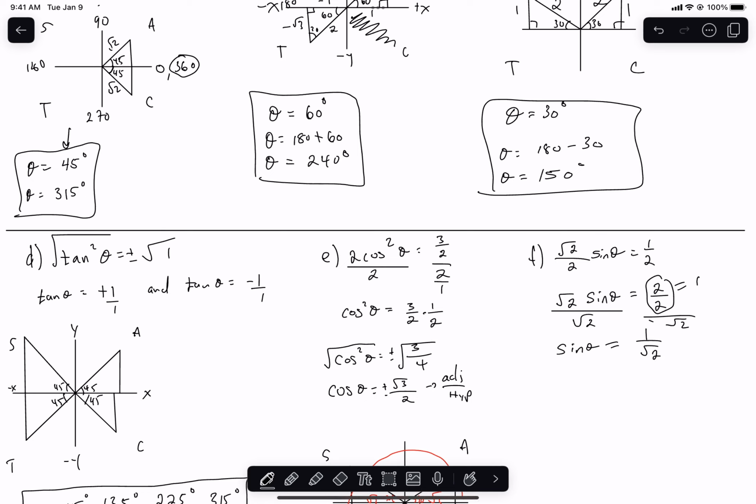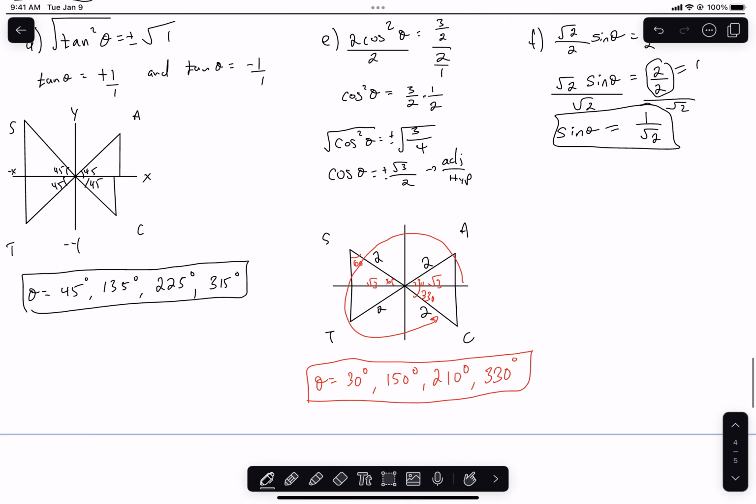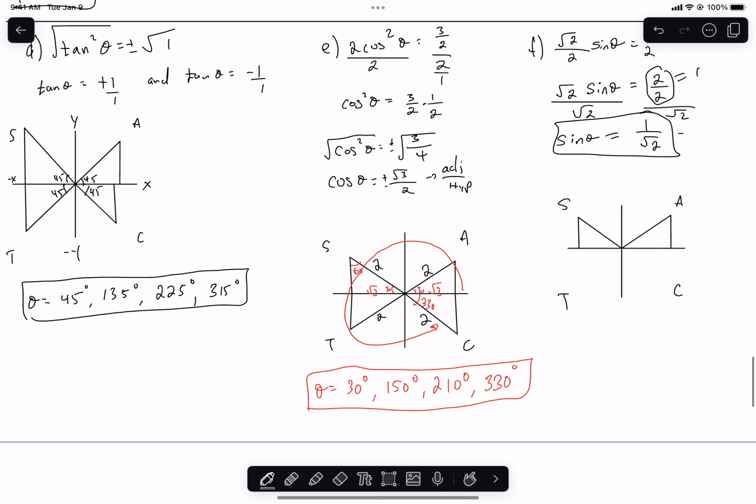And so I'm looking for where sine theta is positive, right? So sine is positive in 2 quadrants, the S quadrant and the A quadrant. So I'm going to get here, sine's positive, and over here, sine's positive. Now, remember sine is opposite over hypotenuse.